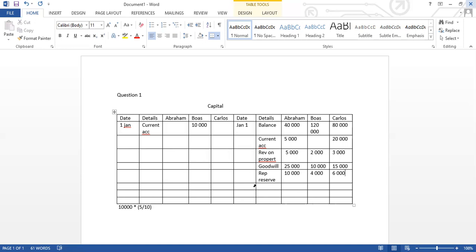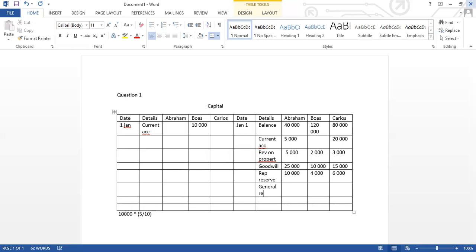Okay, so we move on to the general reserve. How much will Abraham get? General reserve is 15,000. So obviously Abraham will get 7,500, ne?